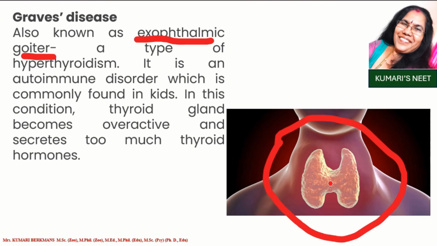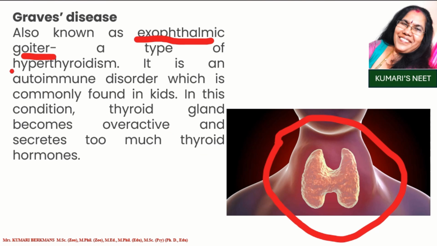This gland is called the thyroid gland. So this over-secretion as well as the enlargement of the gland makes the neck region enlarged. So something happens to the thyroid gland, we can assume it. That is called exophthalmic goitre.